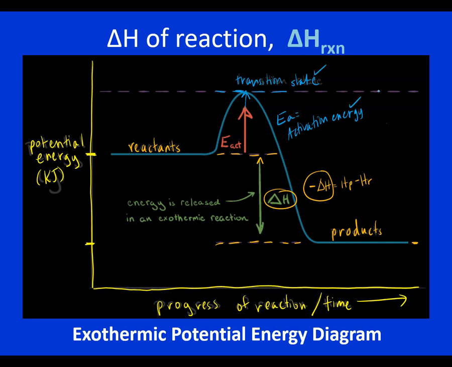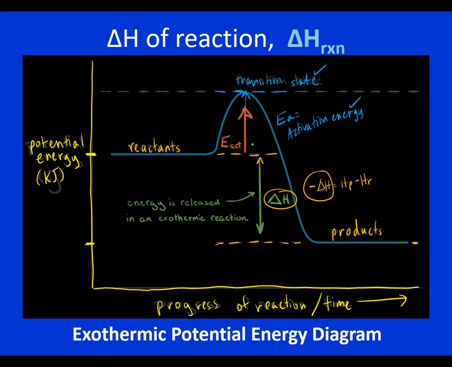These two features, the activation energy and the transition state, are going to be talked about in detail when we get to kinetics, because that has to do with the speed of how fast the chemical reaction occurs. You do have energy changes going on in here, don't get me wrong, because you have bonds breaking, bonds forming, and lots of intermediates that are unstable, so that's why this is a very high energy area of the diagram.